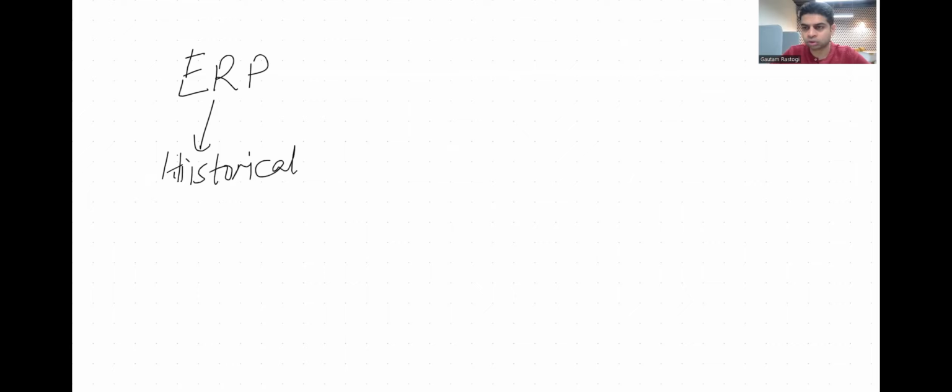Okay. So until now, what we have seen is the historical method of estimating ERP, equity risk premium. To give you a quick recap, first you compute the return of the index or return of the market. And return of the market, how would you compute?